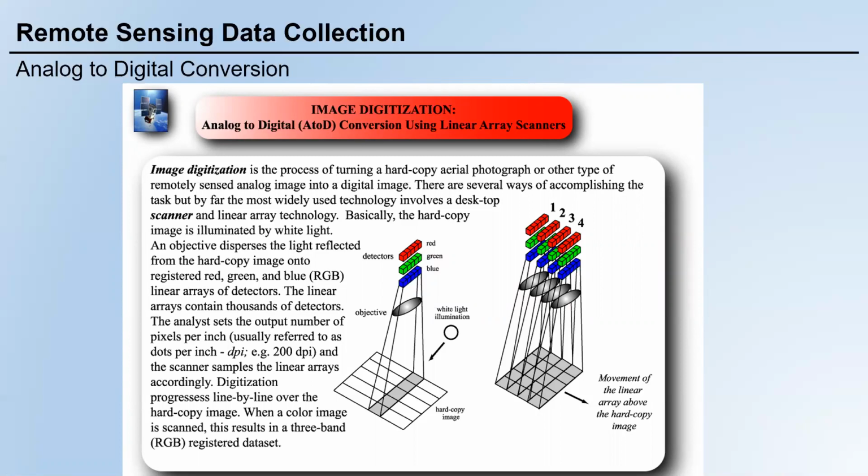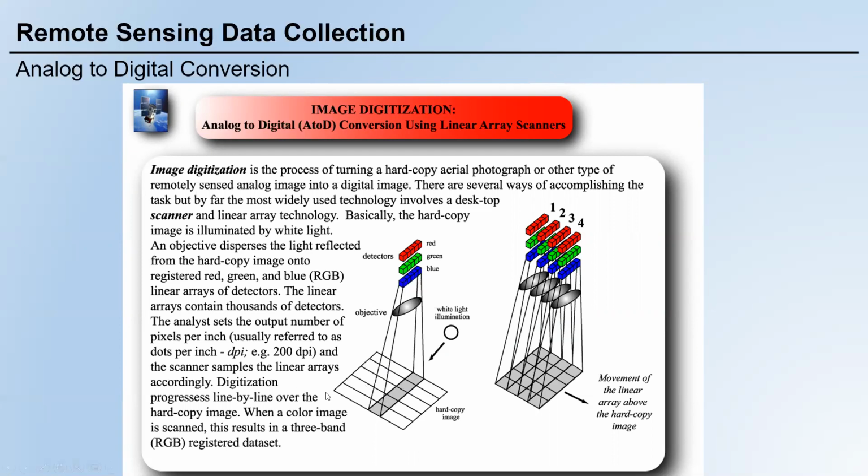They are detected by sensors, and the sensor is going to reconstruct this analog image using digital technology. In other words, the sensor is going to restore the information from this hard copy image in three bands: in red band, in green band, and in blue band.